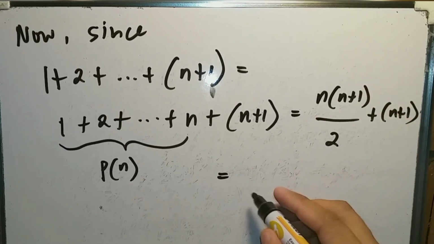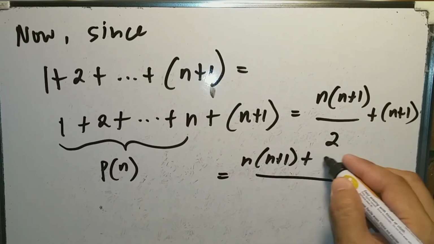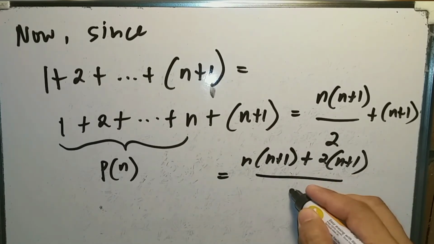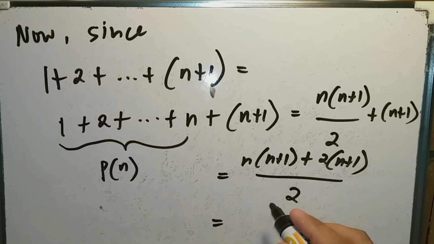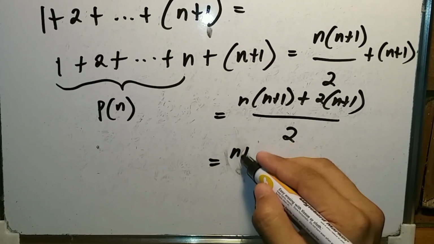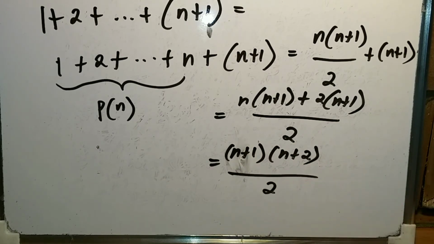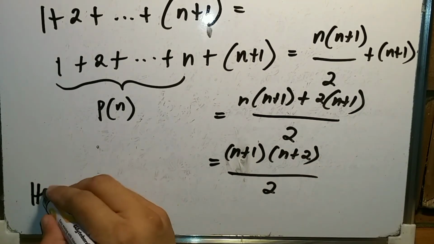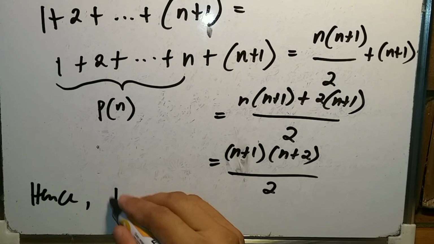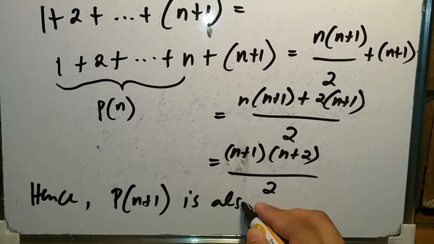This will be n times n plus 1 plus 2 times n plus 1 all over 2, which gives you n plus 1 times n plus 2 all over 2. So hence, p of n plus 1 is also true.